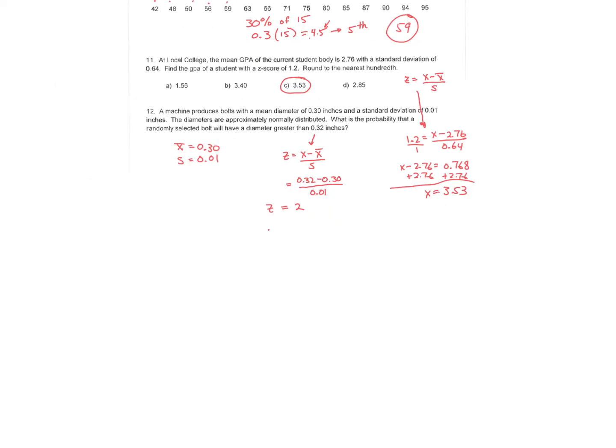So now on a standard normal curve, here's about z equal 2 right there. So we're looking for the area greater than there, right under here.